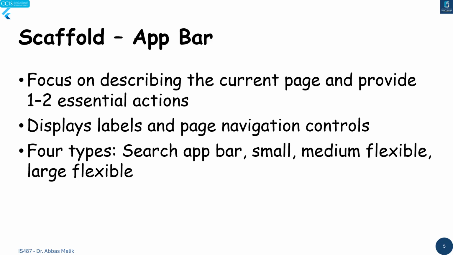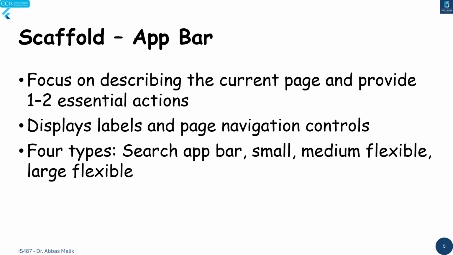When you click on that, it will open up the drawer from the left side, and when you click again, it will close it down. So we can use that, or we can show the title of the screen that is currently visible to the user on that application bar. On the right side, maybe we have a drop down menu in which we have more actions that can be performed, but we don't want to overwhelm that application bar with a lot of things inside it.